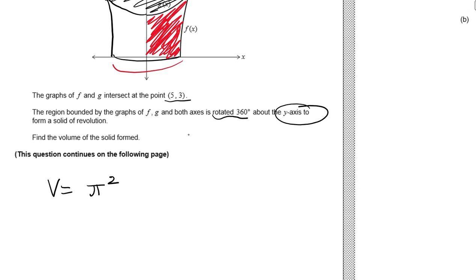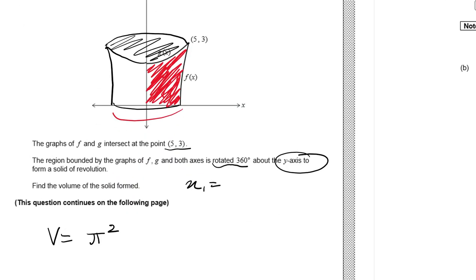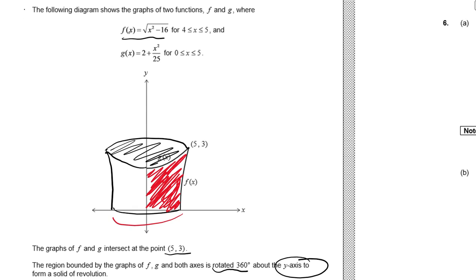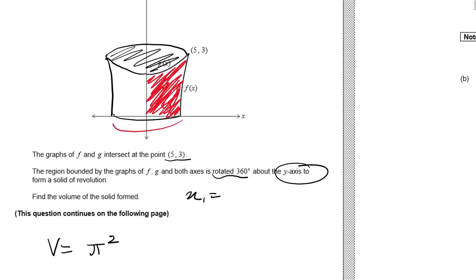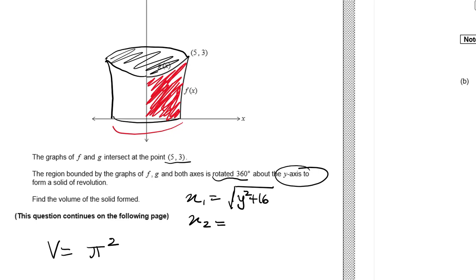So let's do x is equal to, looking at this, y squared plus 16, and then root. So we're rearranging to make x the subject, and then we have x2, which is for g of x. So that's this.